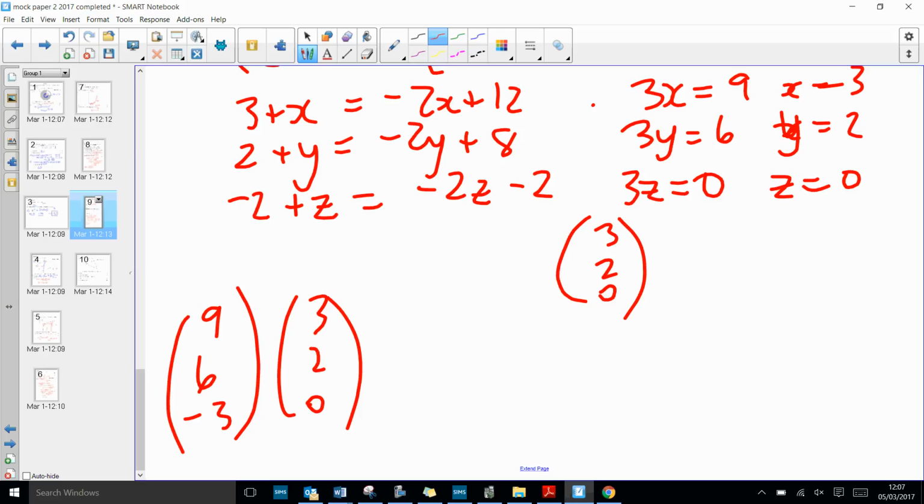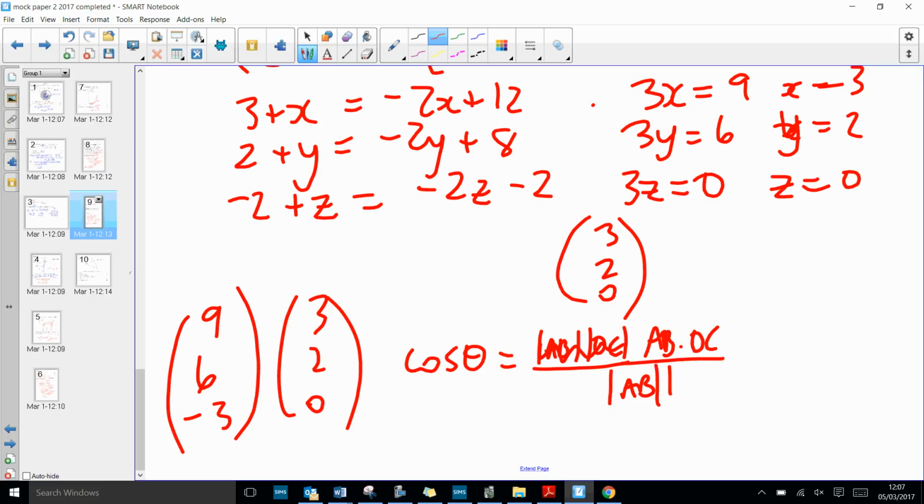So we know that cos theta is the dot product AB dot OC over the modulus of AB times the modulus of OC.